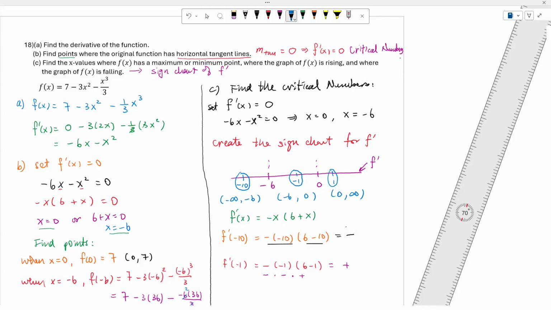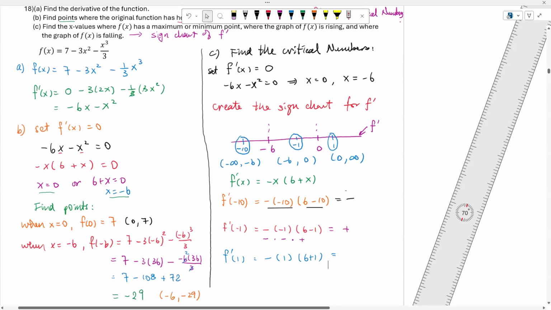And the last one, I would like to evaluate f prime of 1. So I have negative 1, 6 plus 1. Remember, we don't care about the values, we only care about whether it is positive or negative. So this is negative, this is positive, this is positive, so the result is negative.